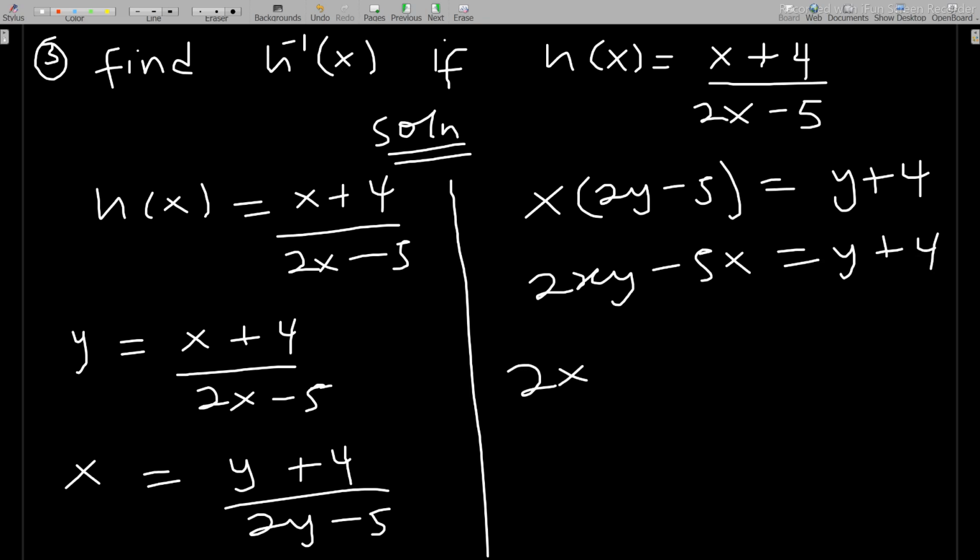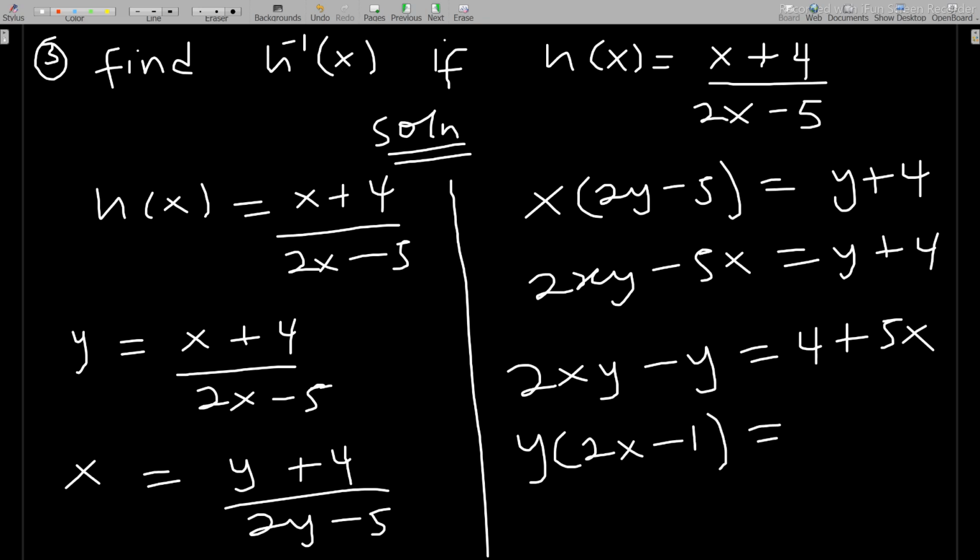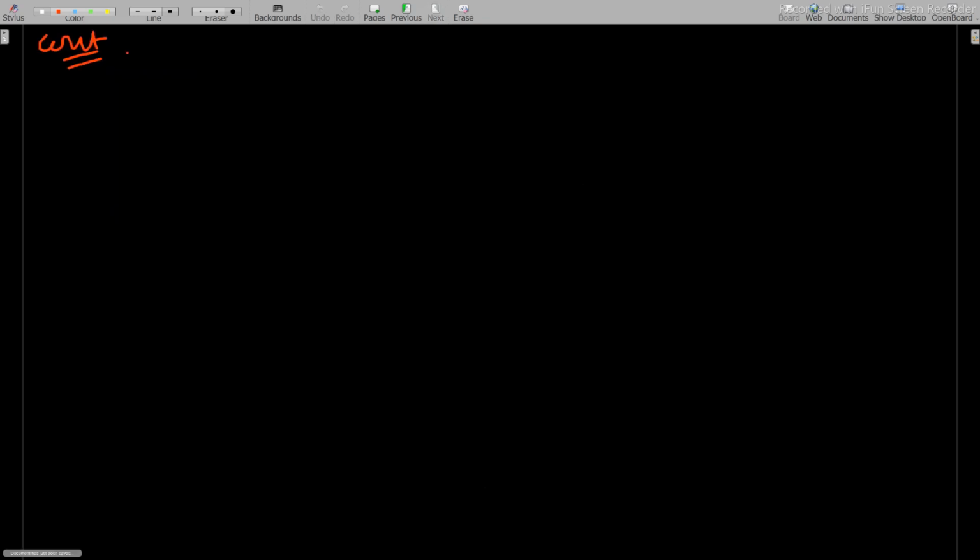Now group the y at one place: 4 plus 5x. Now I can factor y out. So y times 2x minus 1 equals 5x plus 4. Making y the subject, y will be equal to 5x plus 4 over 2x minus 1.